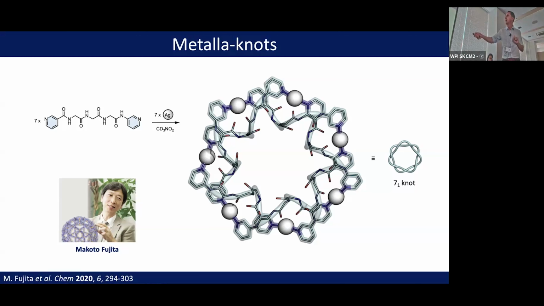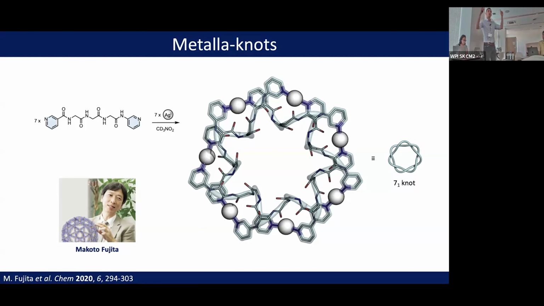It might be difficult to see, but if you look at the pyridine here on the left and you start reading the peptide sequence, the first thing you encounter is a C double bond O. But if you look at the pyridine on the other side and you start reading the peptide sequence, the first thing you encounter is an NH. So one side and the other is not equivalent. It means there is a direction.